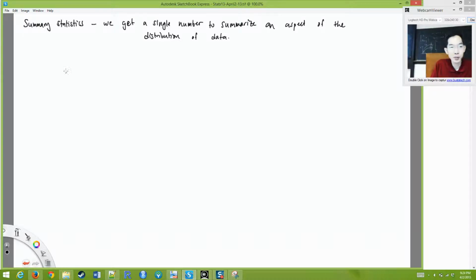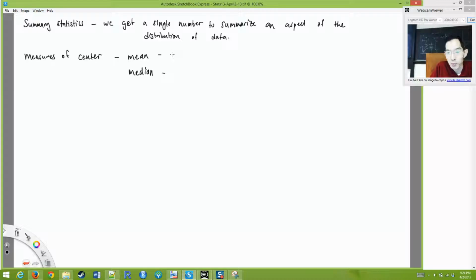So we have numbers to tell us the center, okay? Measures of center, or statistics to summarize the center. And we have the mean and the median. I think most of you are familiar with these, and I don't think I need to spend a whole lot of time going over this.